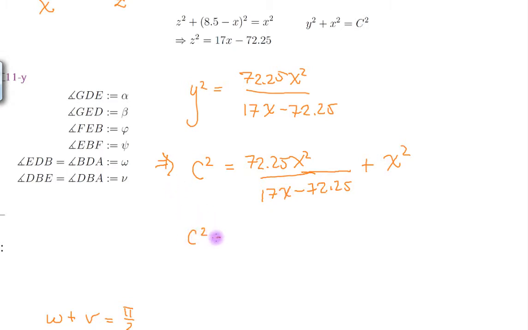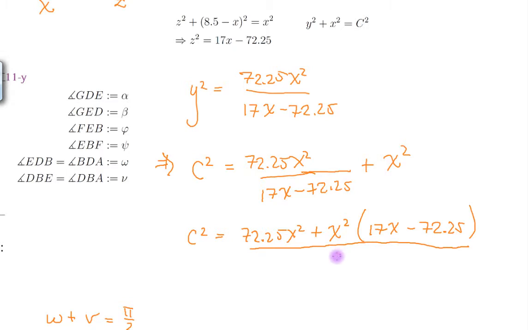So c squared equals 72.25 x squared plus x squared times 17x minus 72.25, everything divided by 17x minus 72.25.